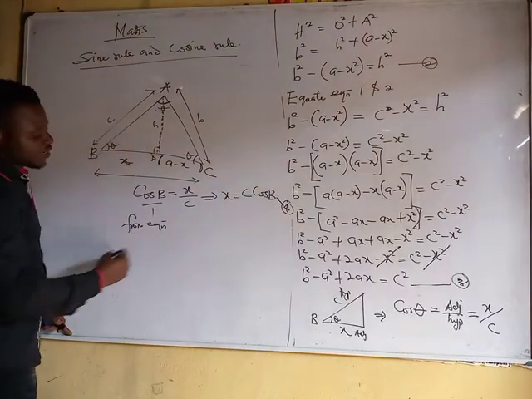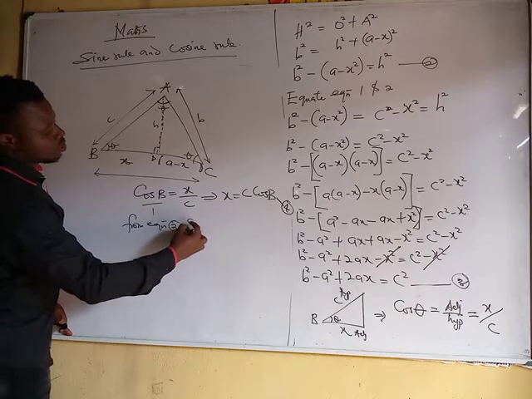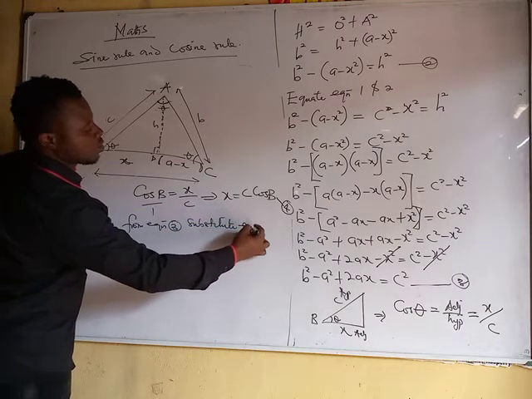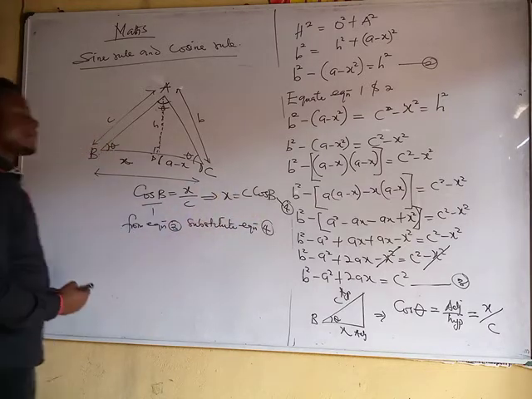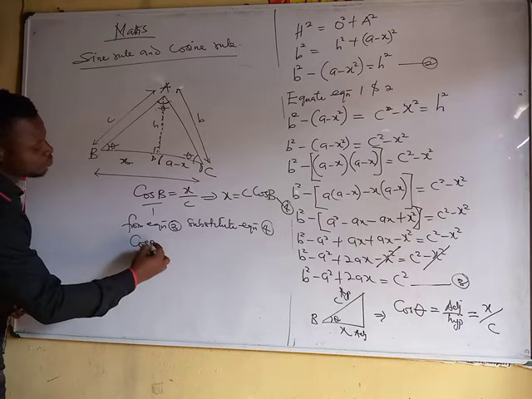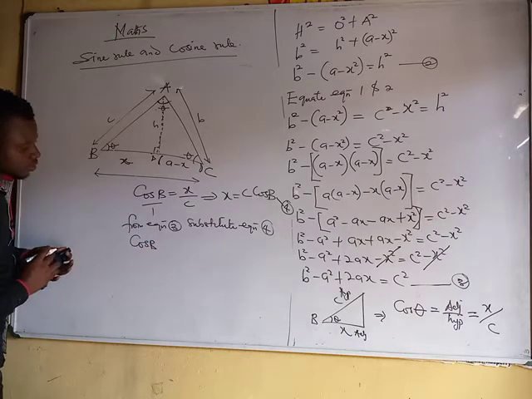From equation 3, substitute equation 4. What do we do? We have cos of B. Sorry.